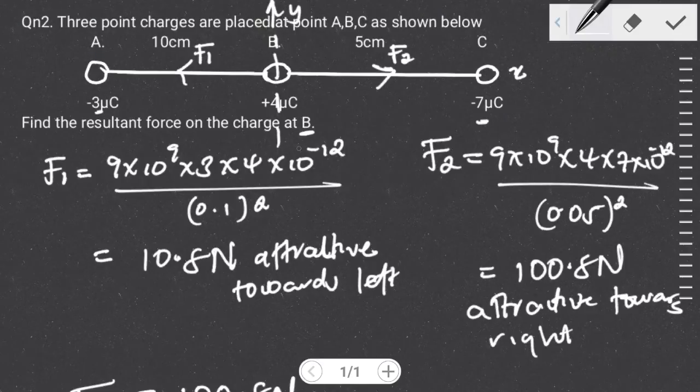In this case, this one is moving towards the positive x, and this is moving towards the negative x.